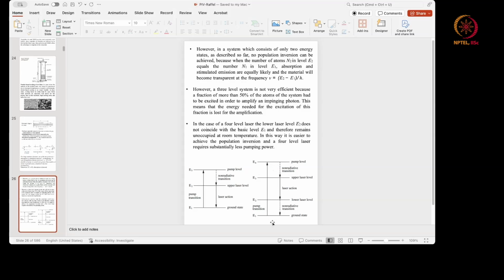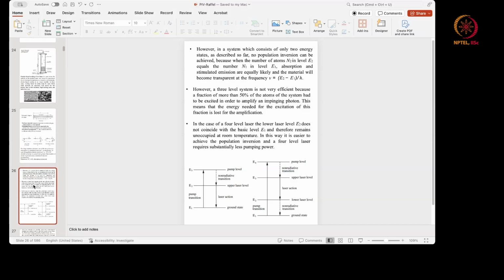So you pump it to E4, then there is a first non-radiative transition, then a lasing transition, and then another non-radiative transition. This is how the entire thing works, and it requires substantially less power to begin with.